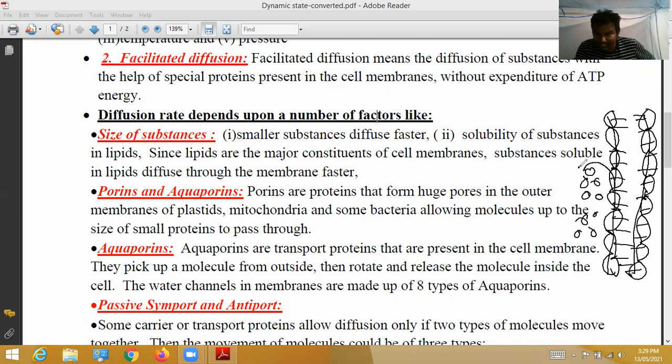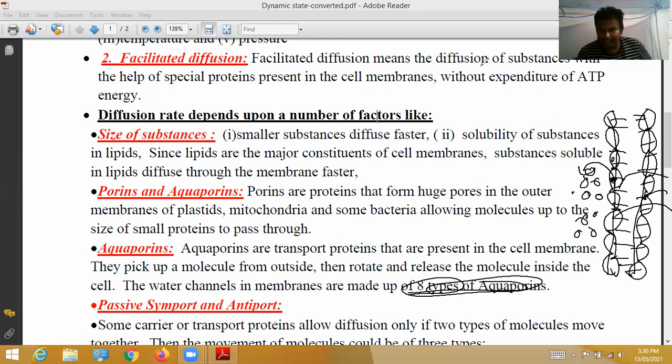From this direction, they collect the molecules from outside, then immediately rotate their direction and release the molecules inside the cell. The water channel in the membrane is made up of 8 different types of aquaporins. Those aquaporins are responsible for the transportation of various kinds of proteins accommodated in the cell membrane.